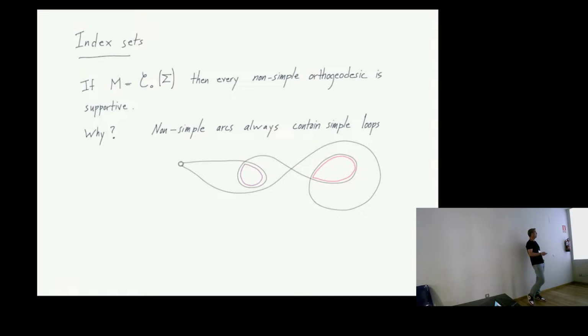So that means, in particular, that if I've chosen my coherent set to be all simple curves, then every single non-simple orthogeodesic has to be supportive. So in particular, the only ones that are going to be unsupportive are the simple ones. Right? So only the simple ones can be unsupportive.